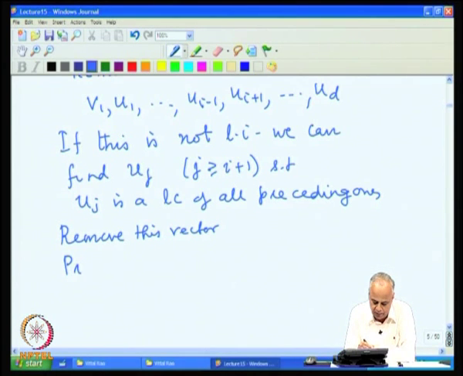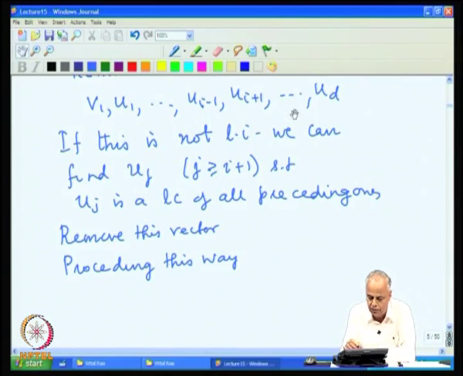So, proceeding this way, finally we would have reached the end of the process because we would have knocked off ui, then something beyond that, then something beyond that. Since there are only a finite number of vectors, this process will end at a certain stage.